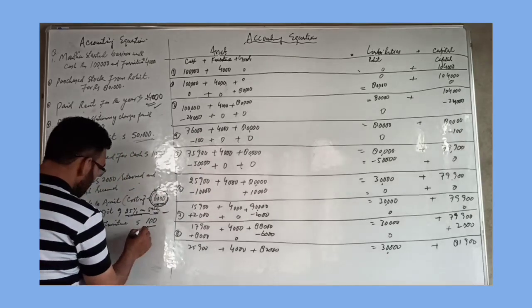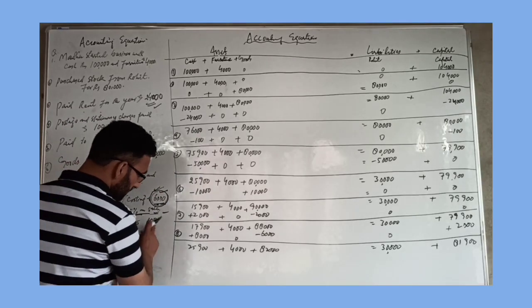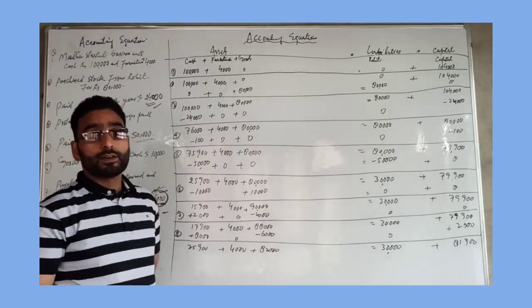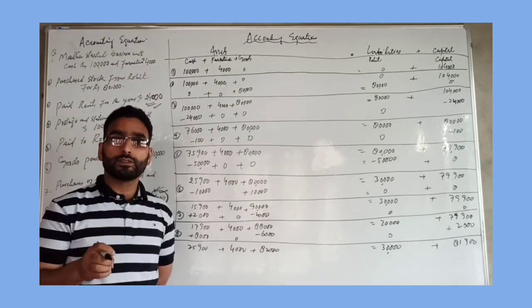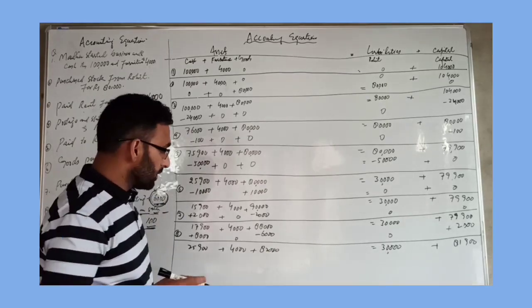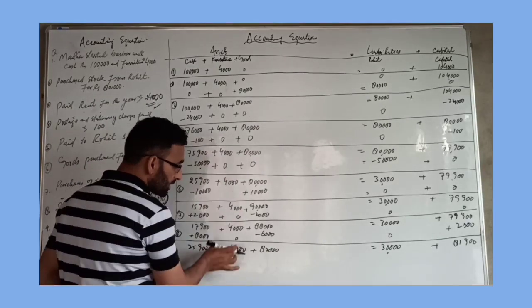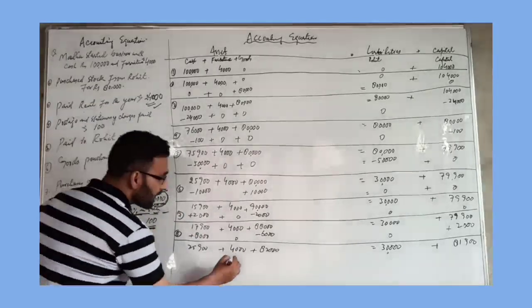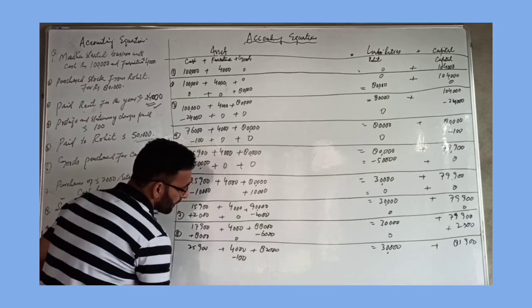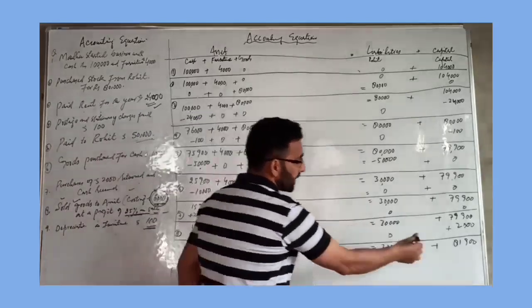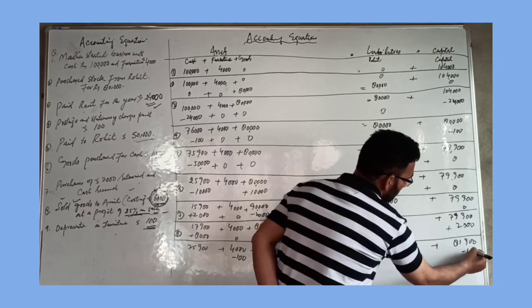Now depreciation. Asset depreciation is the decrease in the value of assets due to wear and tear or due to usage with time. So the furniture has been used and its value goes on decreasing. It is decreased by rupees 100. At the same time, it is an expense for the business. Capital also decreases by 100.